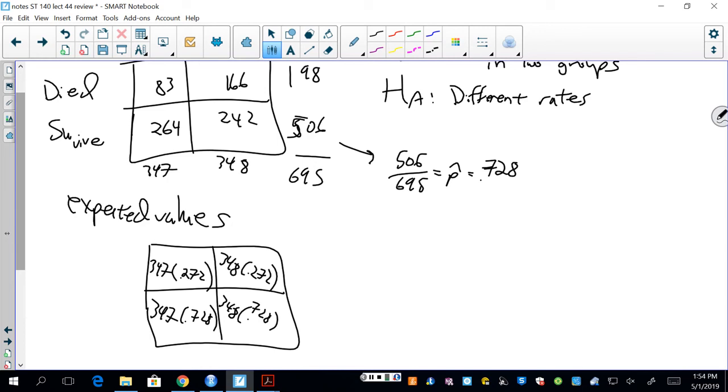So I might ask you about chi-square by showing you the output, like in this one. I might ask you, what would you expect for one of these categories, like survival in the surgery group, if it has the same rate in both groups? I don't have those particular numbers.